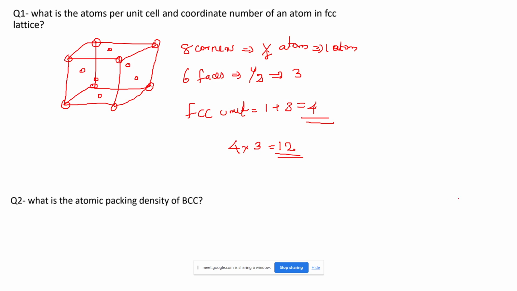So we can call it the coordination number is 12. So this is the first question, how you have to find the number of atoms per unit cell and the coordination number.